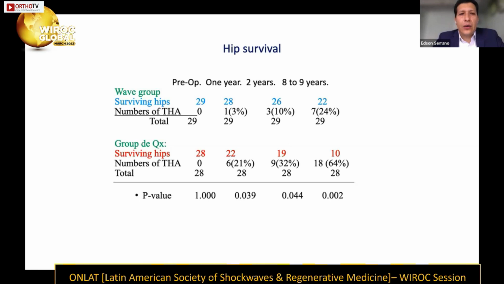In comparison, in the surgical group with core decompression, the rate of total hip arthroplasty is 64%. It's very clear that the shockwave group has better results in survival.